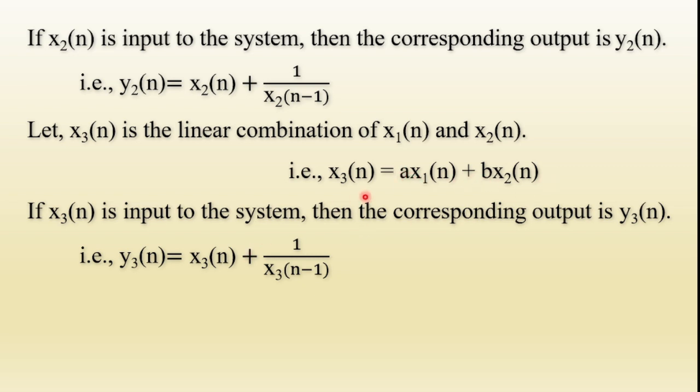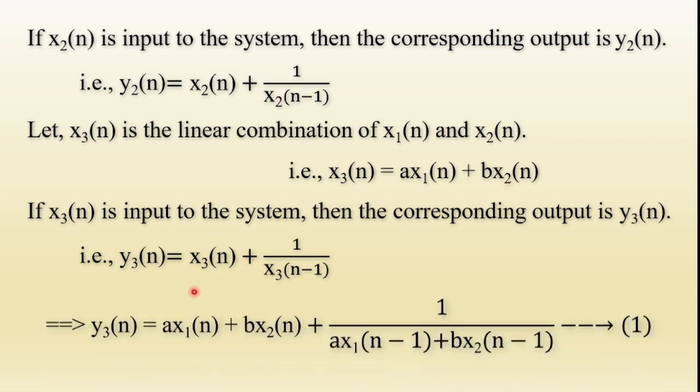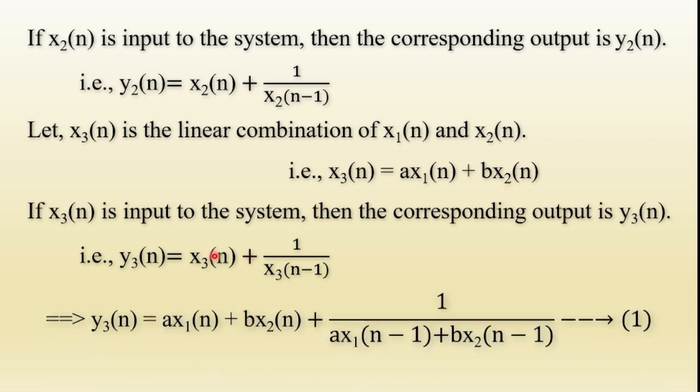So substitute the x3 of n value here, and similarly x3 of n minus 1 is a x1 of n minus 1 plus b x2 of n minus 1. Therefore y3 of n is equal to a x1 of n plus b x2 of n plus 1 divided by a x1 of n minus 1 plus b x2 of n minus 1, and this is considered as equation 1.